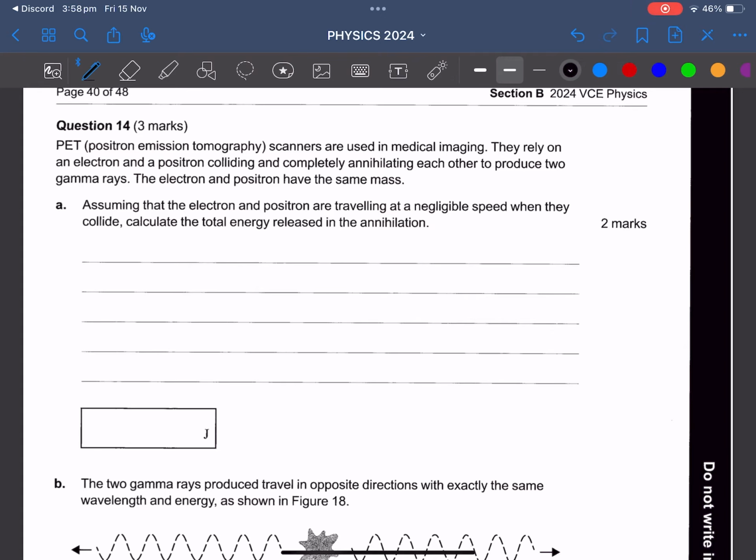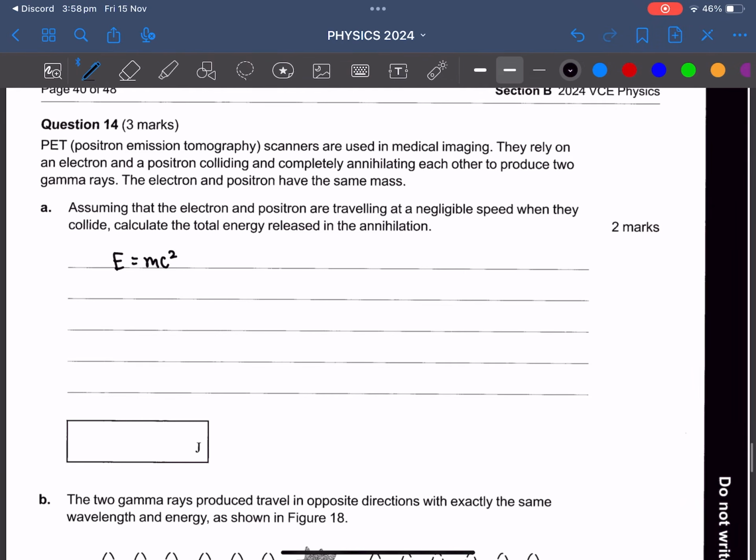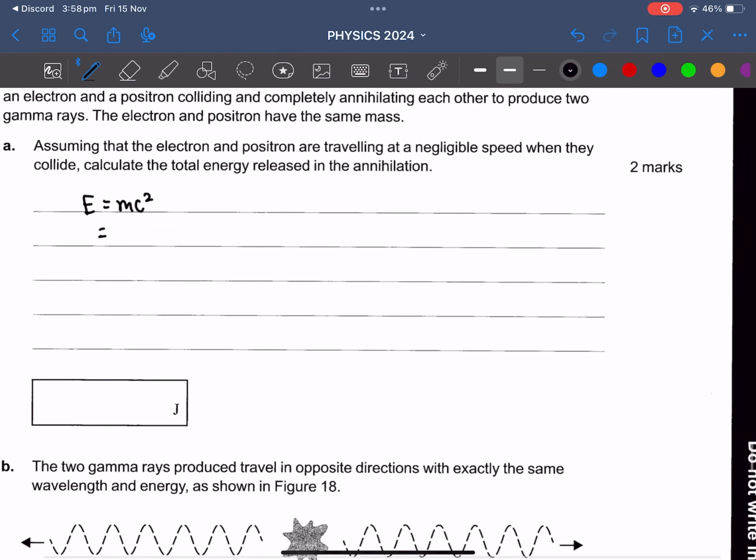Okay, well, that is just E equals mc squared, and completely annihilating means that all the energy is basically released. So for mass, we have 2 times 9.11 times 10 to the negative 31 times, put the bracket, 3 times 10 to the power of 8 squared, because they have the same mass, so that's why I times it by 2.